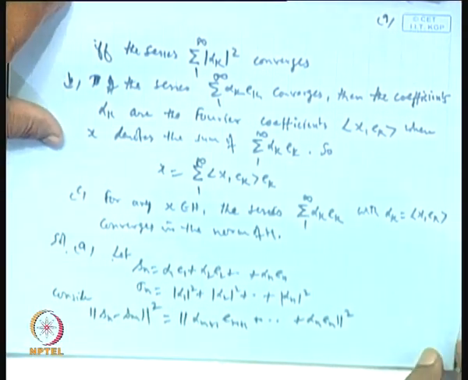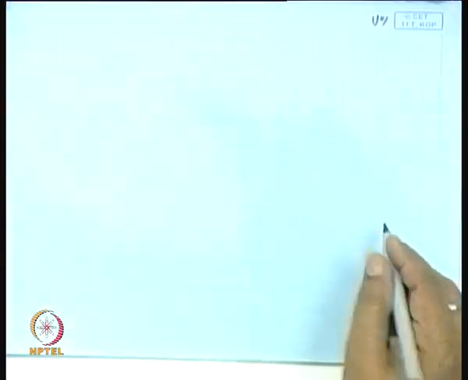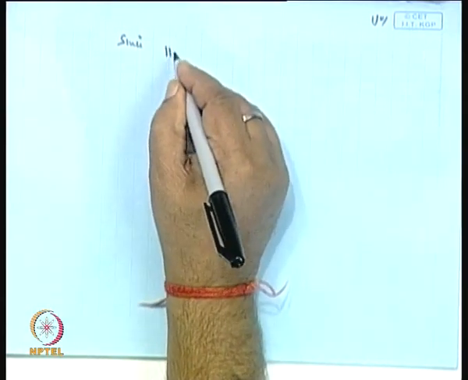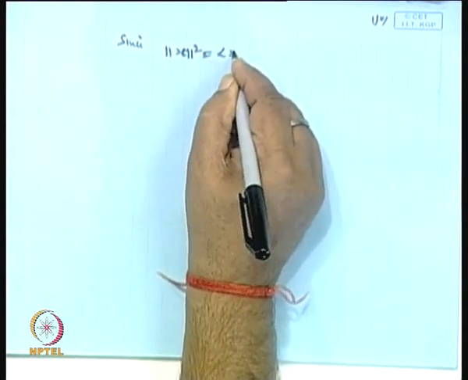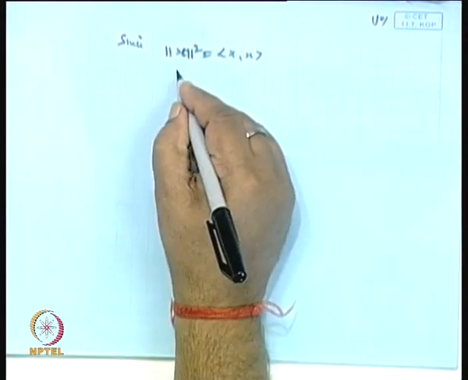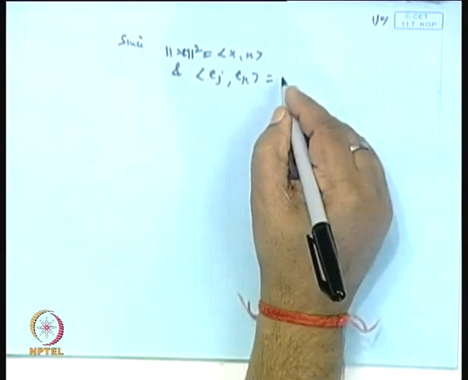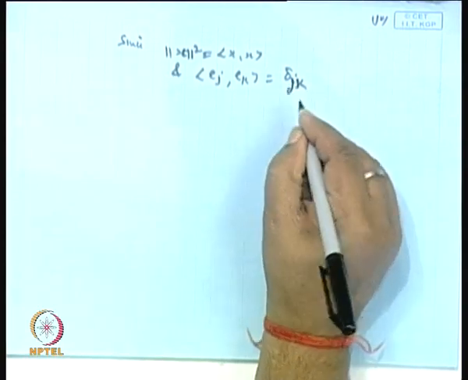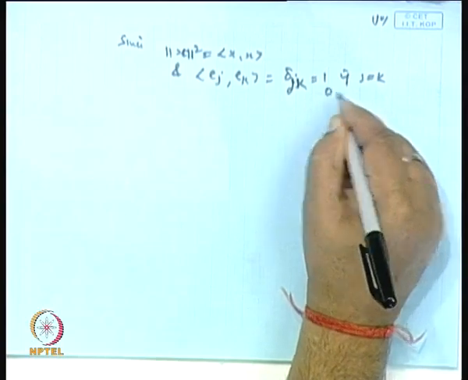Okay. Now the norm squared is the inner product of x with x. Since the norm of x squared is the inner product of x, x, and the inner product of e_j, e_k is delta_jk, that is 1 if j is equal to k and 0 otherwise.